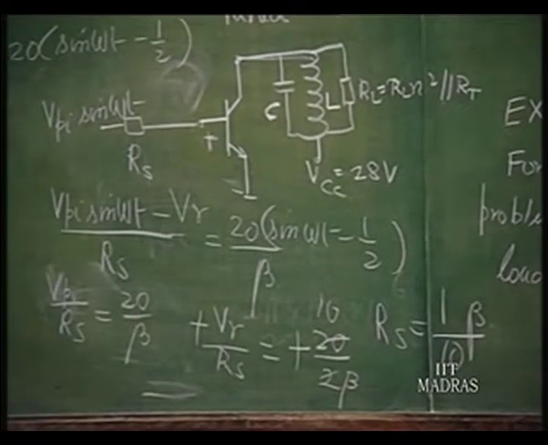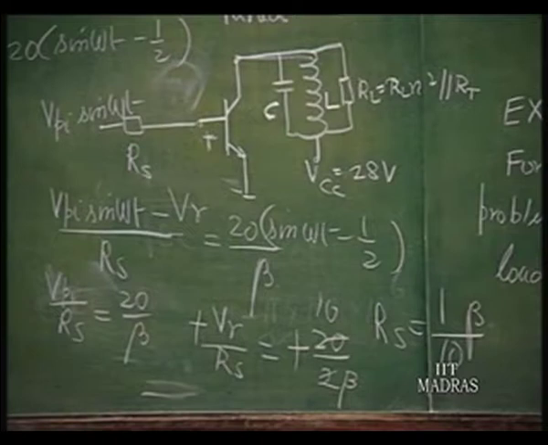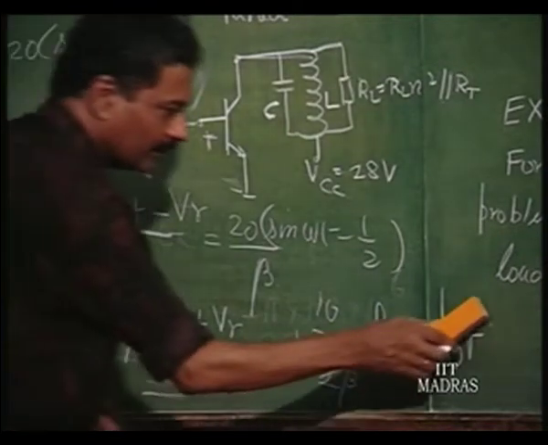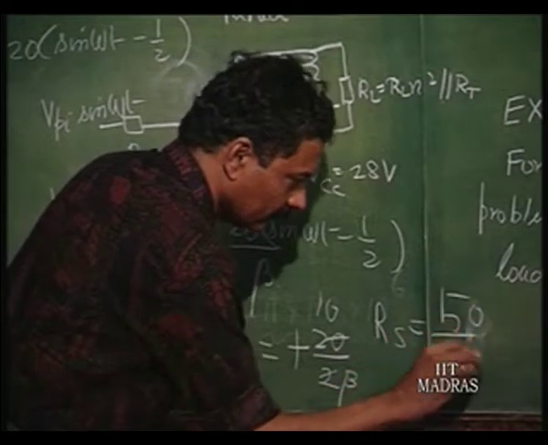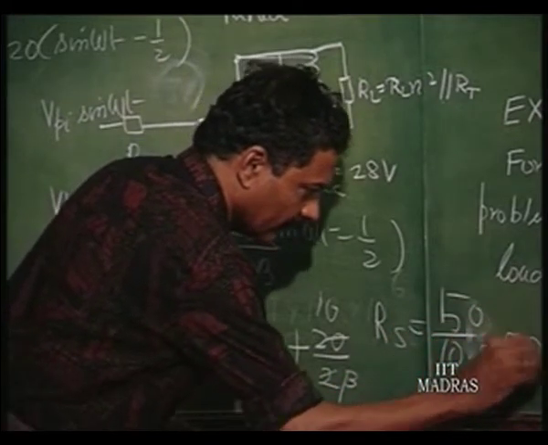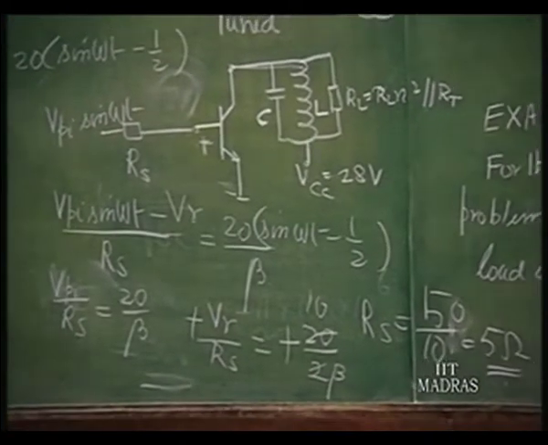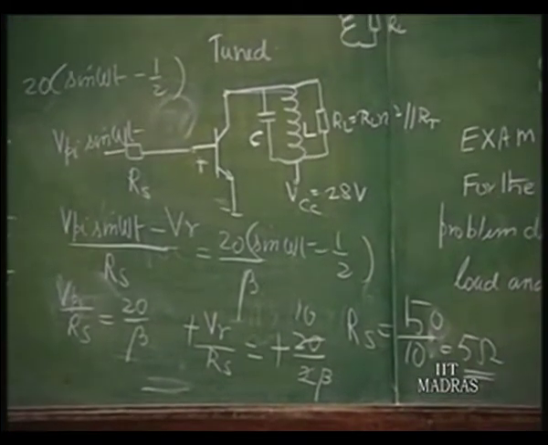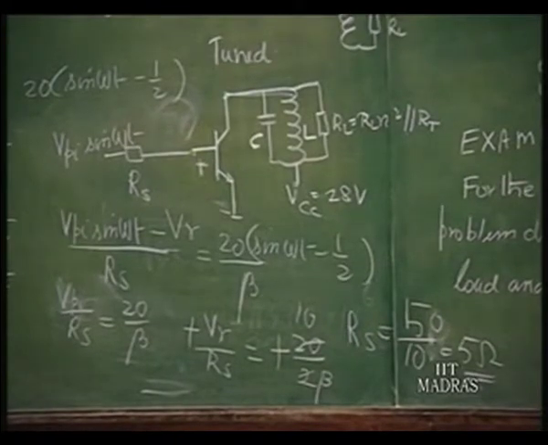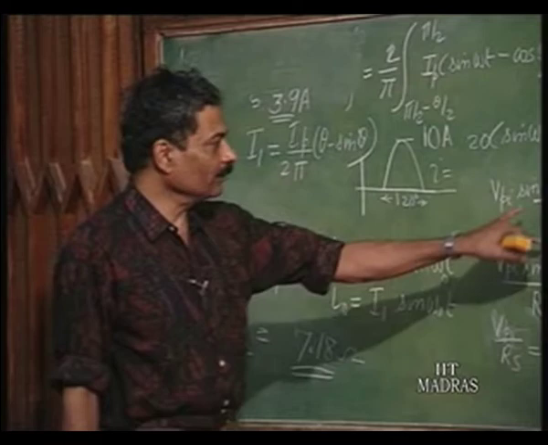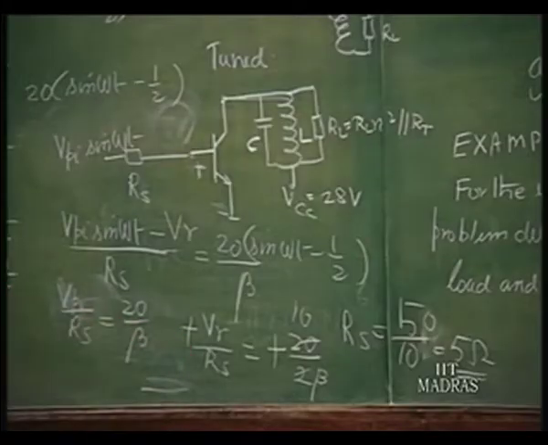We have assumed beta in yesterday's lecture as 50 or so, typically. So, let us assume that. So, R_S is 5 ohms. This is the value of resistance that you have to put in order to satisfy this condition so that it conducts there.